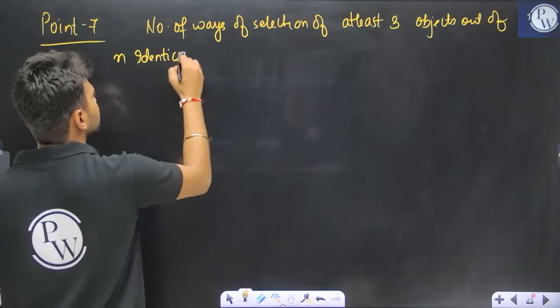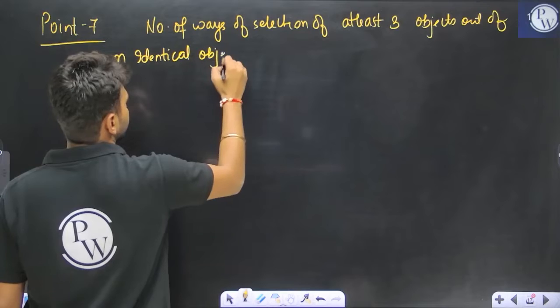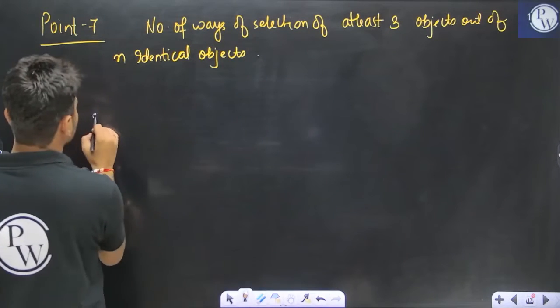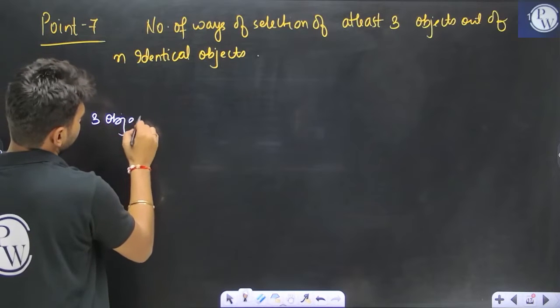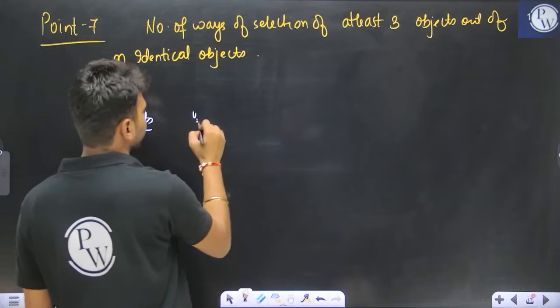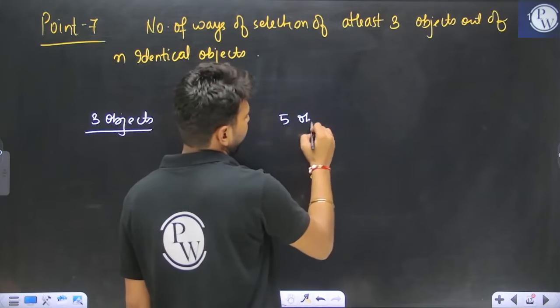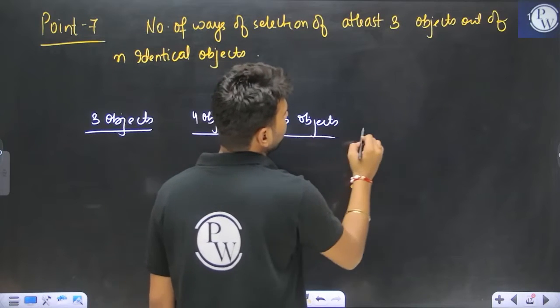Can you tell me the answer? At least 3, I have used at least 3. So that means 3 objects is fine, 4 objects is fine, 5 objects is fine, and so on till all objects are fine.